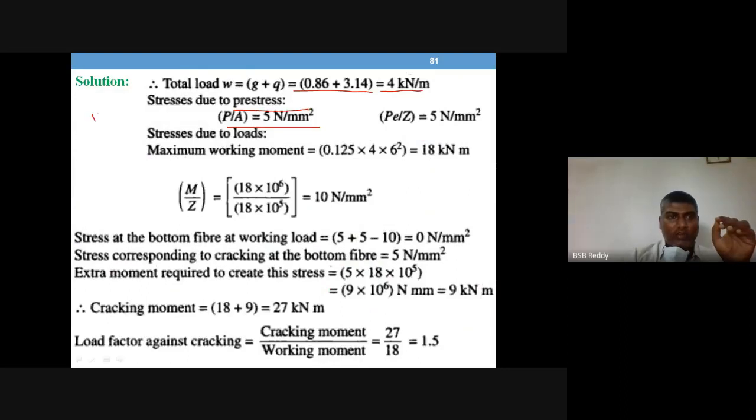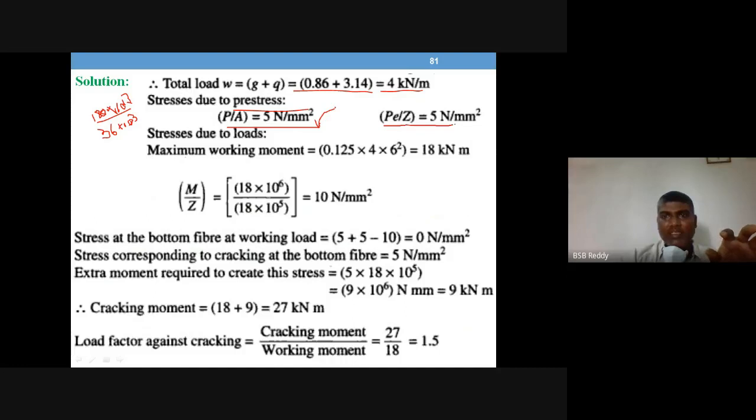So 180 kilonewtons, that means 180 into 10 cube newtons divided by cross sectional area, 36 into 10 cube. So this will give you 5 megapascal as the stress due to pre-stress, which is direct stress.